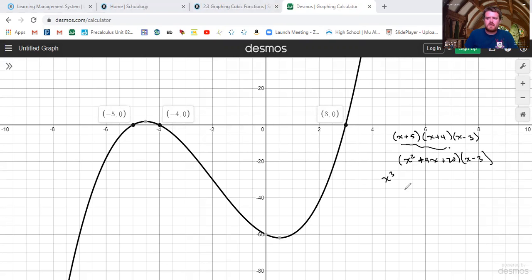But x squared times x squared times minus 3, 9x times x, 9x times minus 3, and then 20 times x, and 20 times minus 3. Combine all my like terms, I have x cubed minus 6x squared plus 6x squared minus 7x and minus 60. So this is one possible solution for this equation.